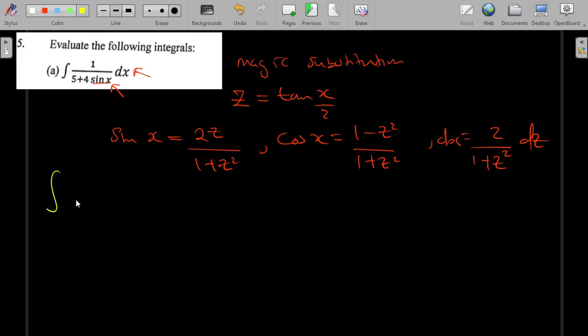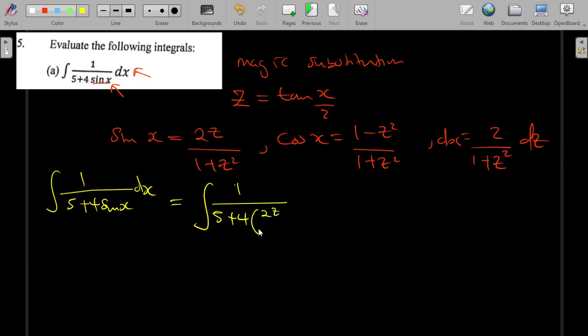The integral of 1 over 5 plus 4 sine x dx is equal to the integral of 1 over 5 plus 4 times 2z over 1 plus z squared, multiplied by dx, which is 2 over 1 plus z squared dz.